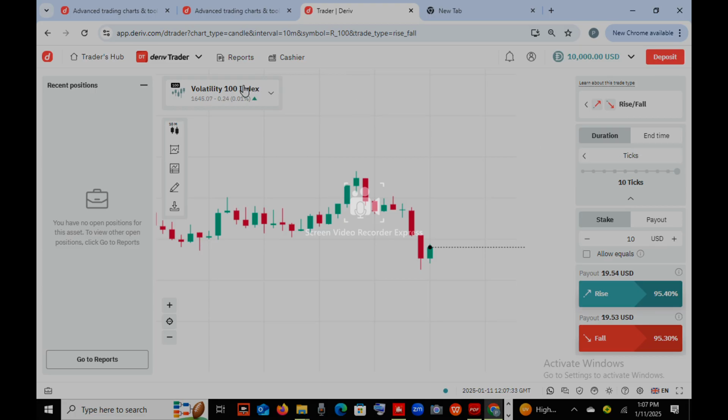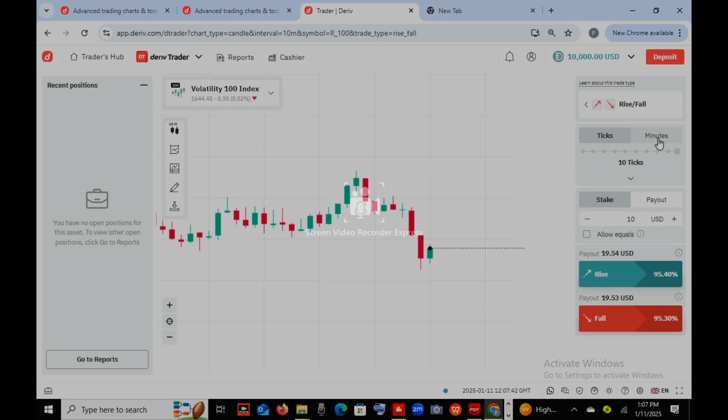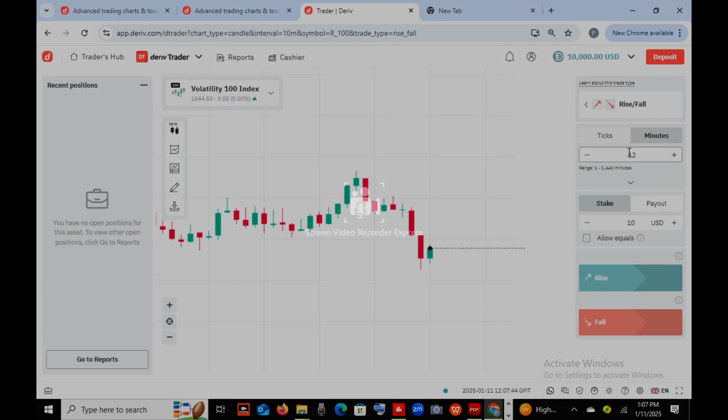Once you change between your underlying assets, you quickly come here and change this to minutes. Remove it from tick, because if you make that mistake of not changing it, you may perhaps think you have seen a good trend and you want to take a trade, not knowing that it's on one tick, and once you just enter, that will be just it.